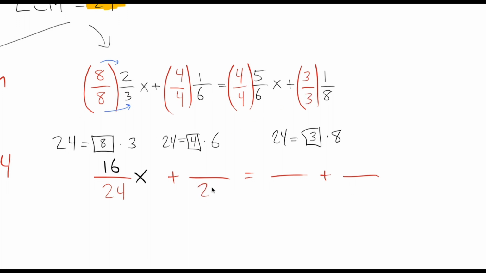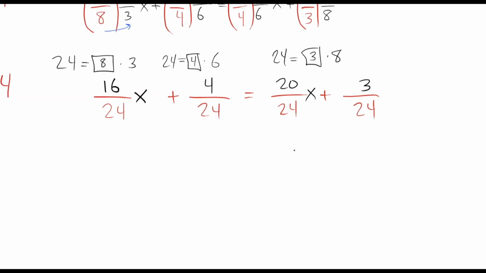Alright, so what do our fractions become? They all have denominators of 24 now. We would want to multiply straight across. 4 times 1 makes 4. 4 times 5 makes 20. There's also an x in that term. And then 3 times 1 makes 3. Now, once you have all your denominators the same, we can use this useful technique of just canceling them off.